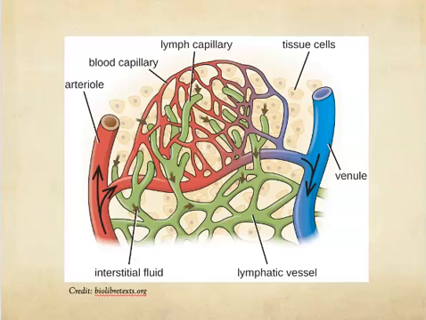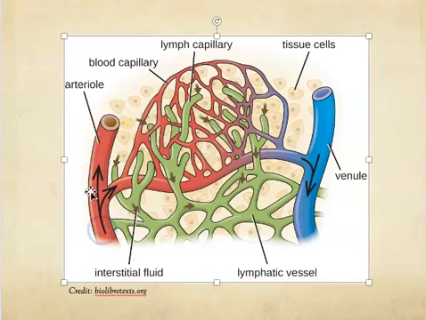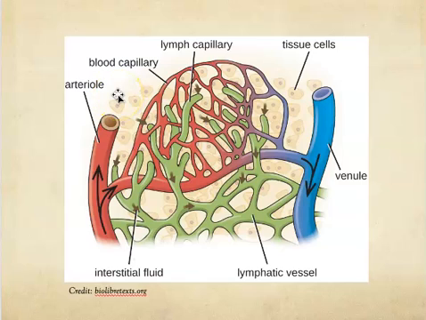I just want to remind us here that what we call the blood circulation and what we call the lymphatic circulation, these two systems, are very tightly connected with each other. Of course, the blood-related circulatory system has arteries and veins, and arterioles and venules, which are simply smaller vessels. And then capillaries, that's what you're looking at here, this mesh.